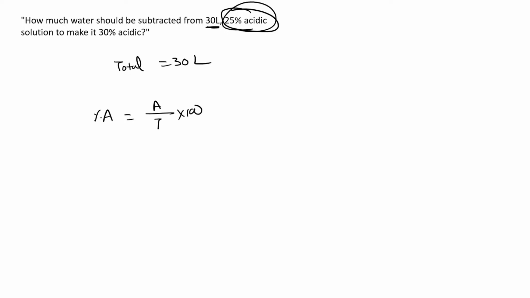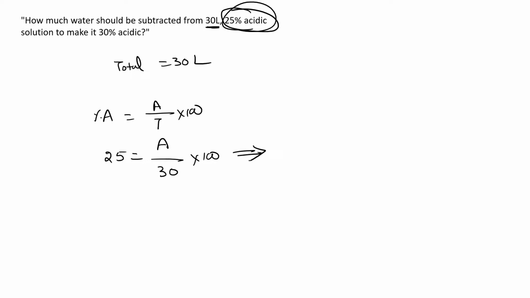He is saying that he has 30 liters of solution. So we know that the total solution in the container is equal to 30 liters, and it is already 25% acidic. So acid percentage means acid by total into 100. We know it is 25%. So 25% acid means the acid in liters by the total 30 liters, into 100.